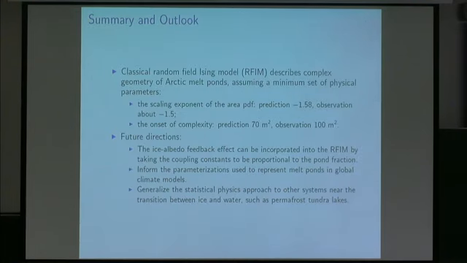Here is a summary of what we were able to achieve up to now. We have proposed that this classical random field Ising model can describe the complex geometry of Arctic melt ponds pretty well, only assuming a minimal set of physical parameters. The only 2 physical parameters we input are the pond fraction and the lattice constant, and the lattice constant came from analyzing real ice topography data.